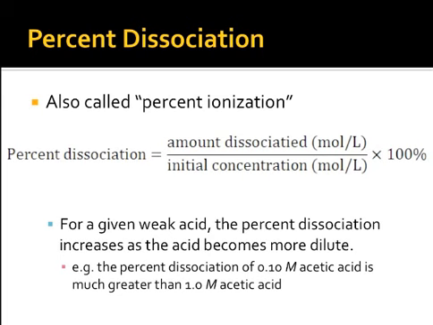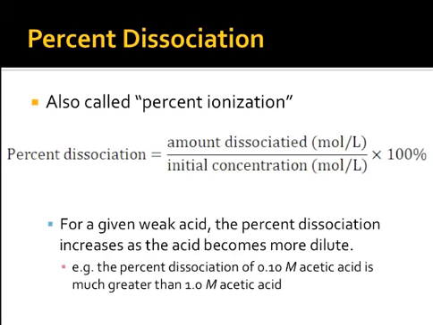It is the ratio of the amount dissociated over the initial amount, times 100 to turn the decimal into a percent. For any given weak acid, the percent dissociation increases as the acid becomes more and more dilute. This means that 0.10 molar acetic acid has a much greater percent dissociation than 1.0 molar acetic acid.